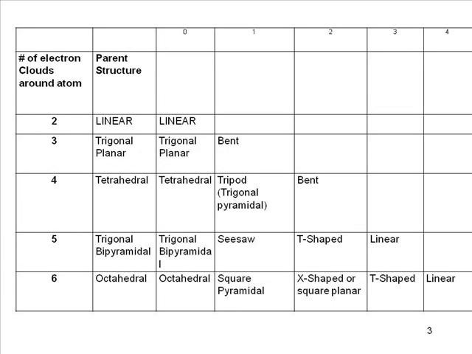This is an important table that will allow you to determine the shape of any molecule that you're capable of determining the electron dot diagram for. And so we're going to learn what is meant by what counts as an electron cloud, and the parent structure, and then the actual molecular shape. And we'll learn about this, and then I will bring up this slide later in this presentation.